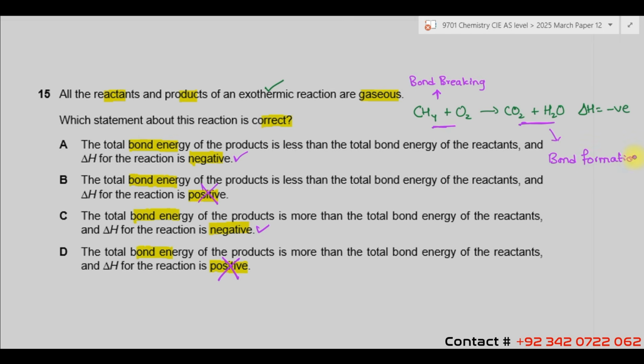This is because the reactant bonds are broken and new bonds are formed in any chemical reaction. Now enthalpy change is negative. It means one of them is larger and one of them is smaller. Always remember that bond breaking means the energy needed to break a bond, so it is always positive.